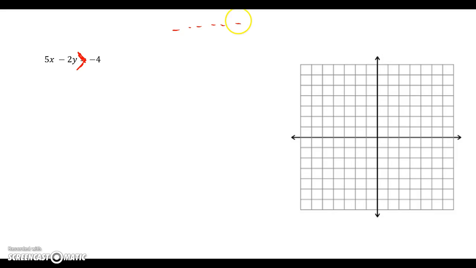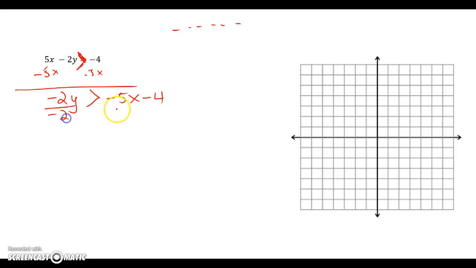Let's do that. So I'm going to subtract 5x from both sides. So we have -2y is greater than -5x minus 4.